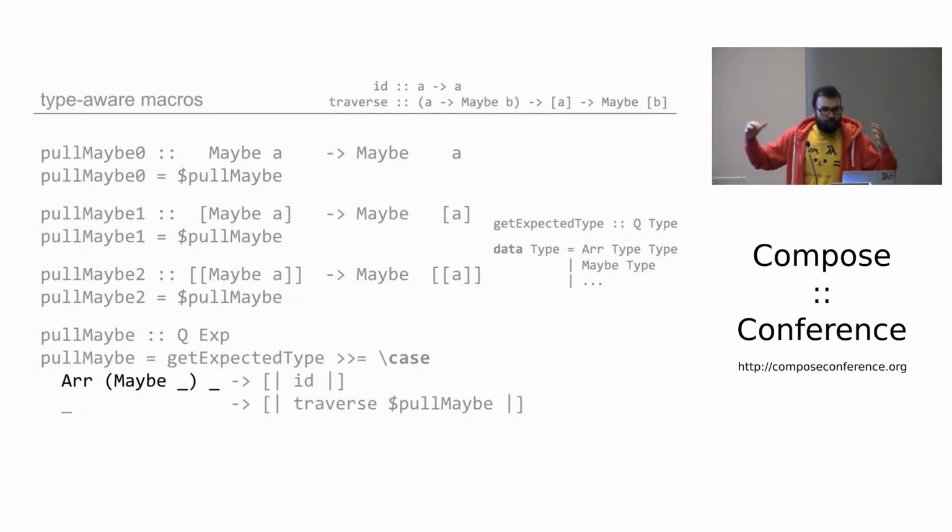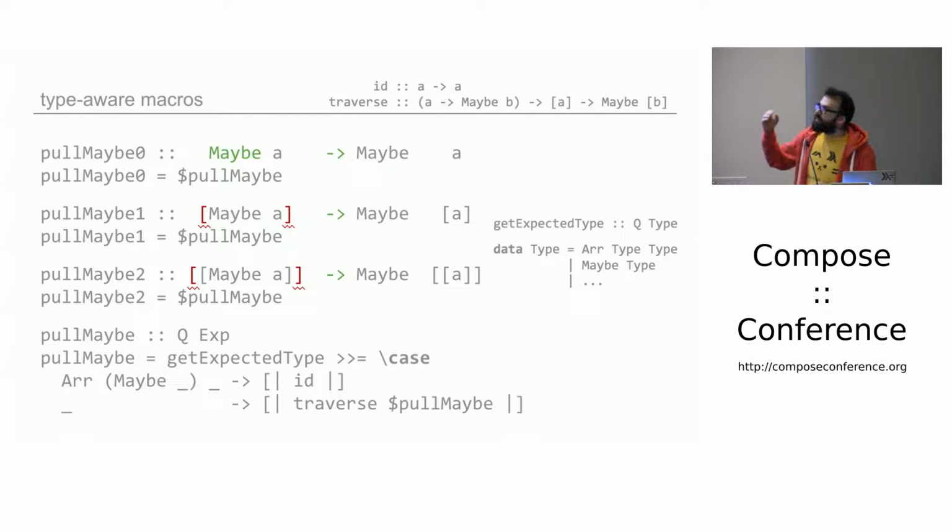And so when we have reached a maybe that is wrapped by 0 functors, then we know we're done, we've reached the base case. And that's why I'm pattern matching, and I'm seeing that, oh, if the function that I need to generate must have type arrow from maybe something to something, then that means I'm done. I should generate identity. Otherwise, I should recur.